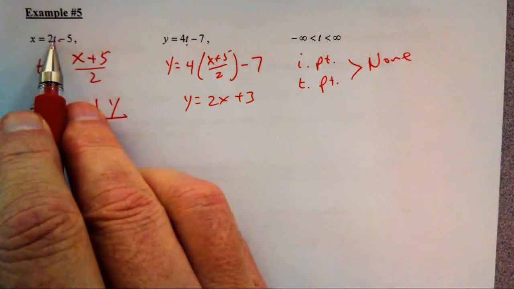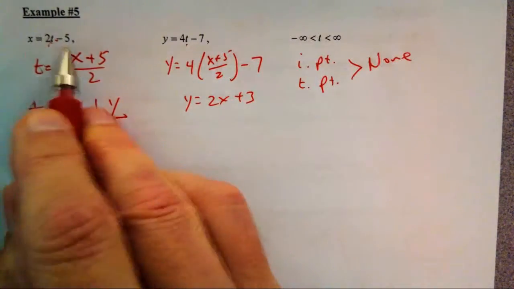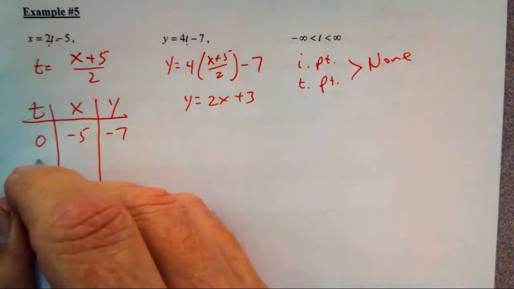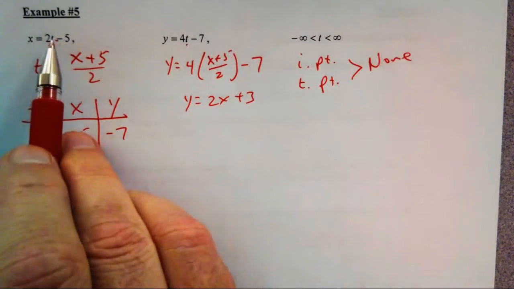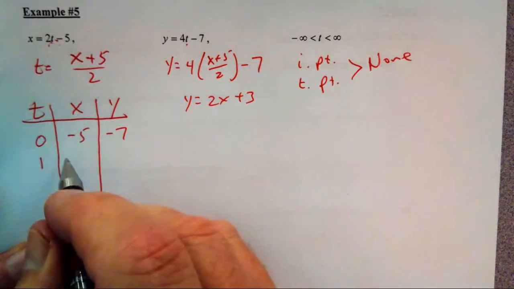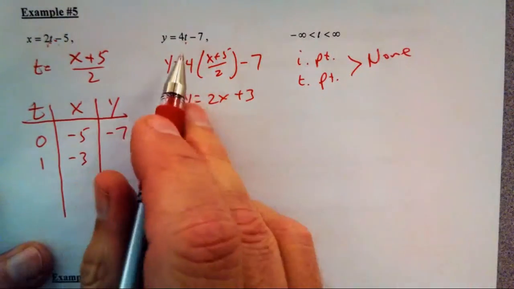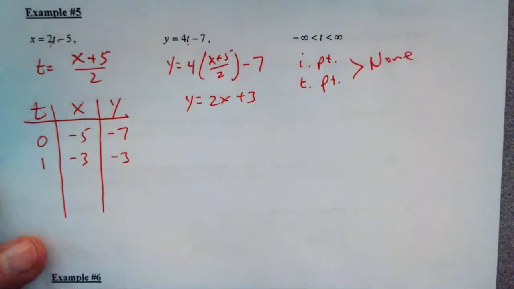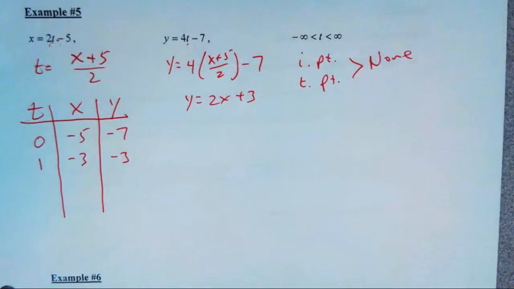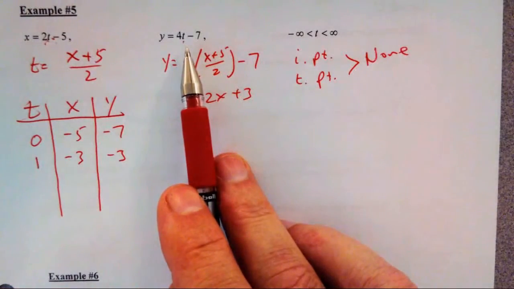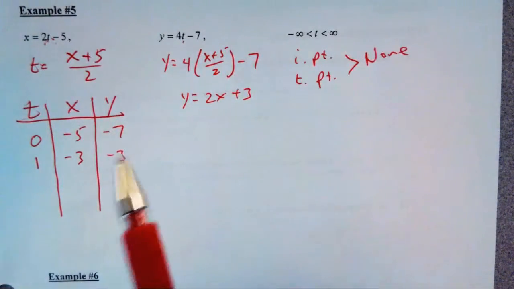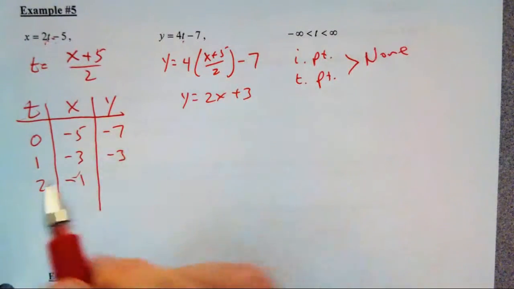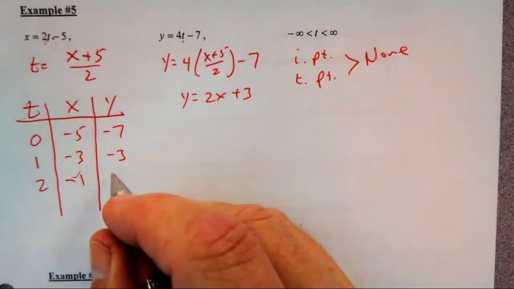I put in 0 and get x equals negative 5, y equals negative 7. I put in 1 and get x equals negative 3, y equals negative 3. Is that okay? I put in 2 and get 4 minus 5, negative 1, and 8 minus 7, positive 1.